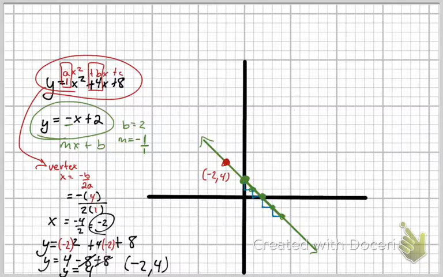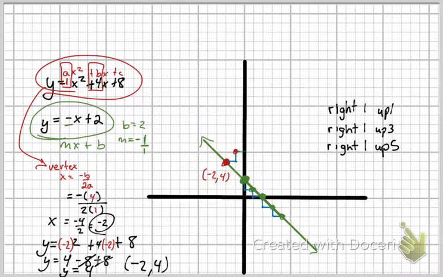Now in the previous video we said, hey, a pattern that we can use on a quadratic is where we go right 1, up 1, or we go right 1, up 3, and right 1, up 5, and then reflect it going back to the left. So on here, I'm going to go right 1, up 1.